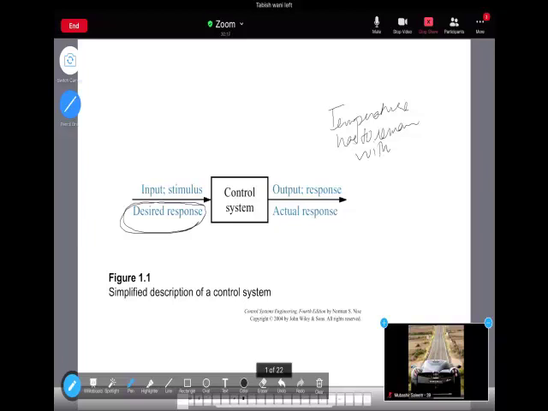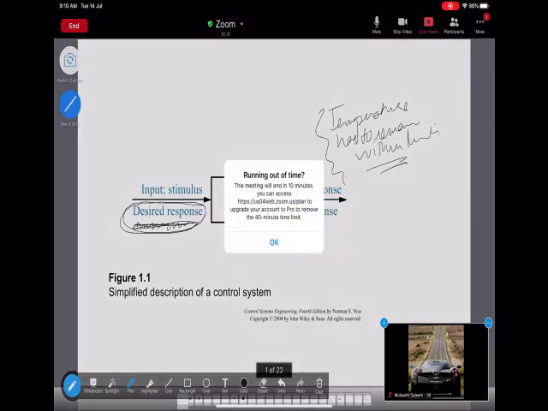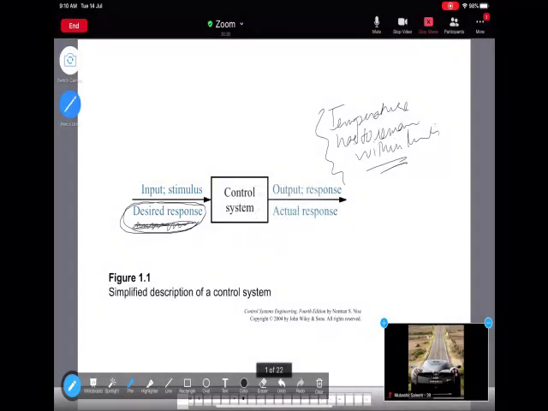So the temperature has to remain within limits. If your temperature is beyond a particular point, then your body should react to it, right? So this is actually a desired temperature that is fed to the human body. The desired temperature is that the temperature has to remain within a range, and this is the input to the body, which is kind of built into the body.